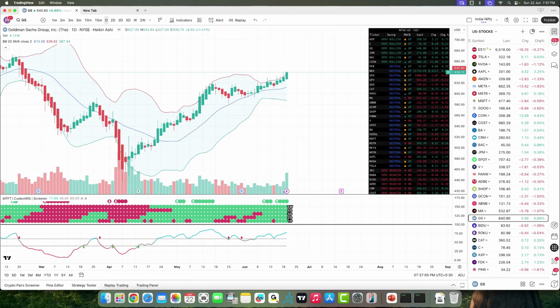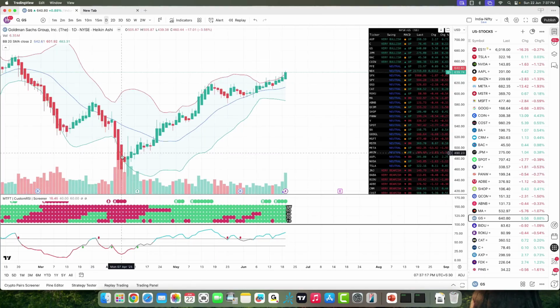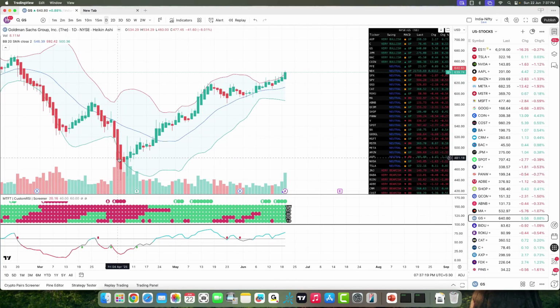The Bollinger Bands is just a personal choice of mine. One person asked, can you explain the use of Bollinger Bands? If you want it, you can put it. If you don't want it, you don't put it. Bollinger Bands tells you when something is overextended. It doesn't mean that it cannot pierce the band some more. It can, of course. But in general, if it goes too far out of the band, you know that it is overextended.